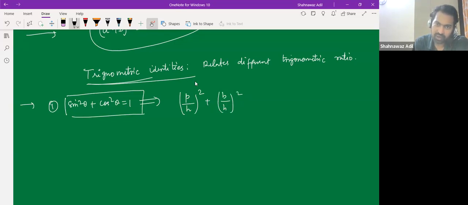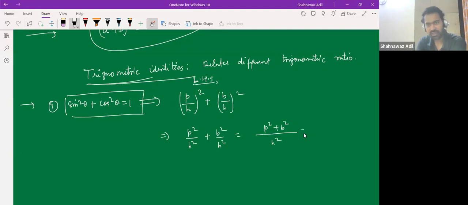So this is our LHS, right? If we square these two, we get p square by h square plus b square by h square. If we take the LCM, this is h square in the denominator and p square plus b square in the numerator.